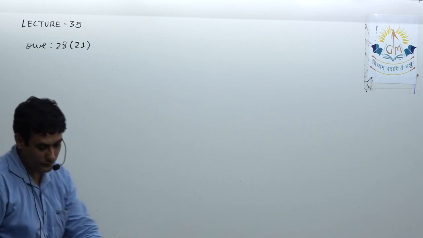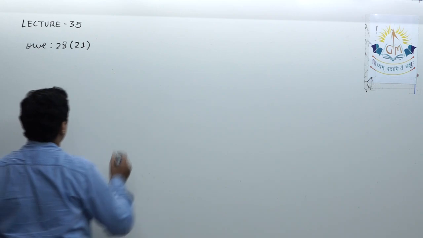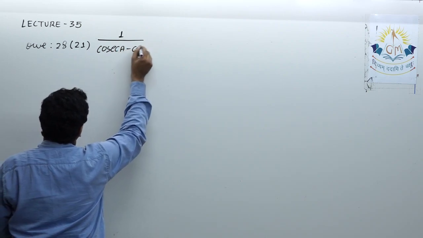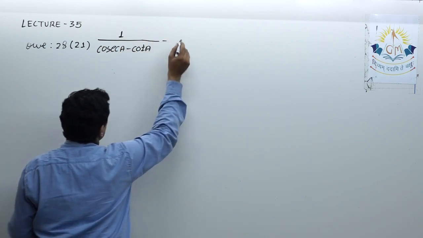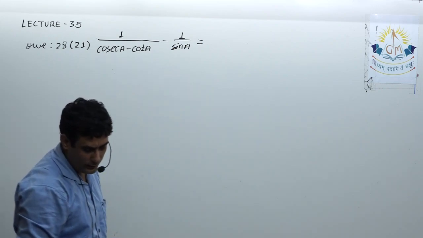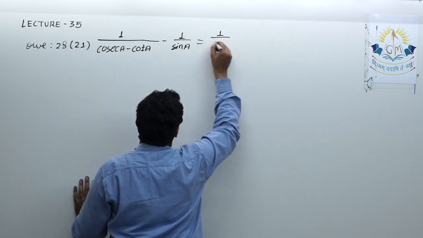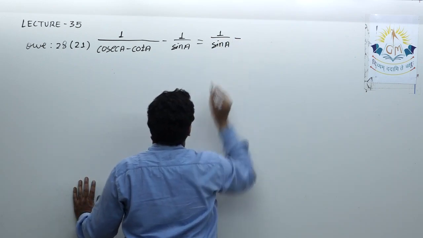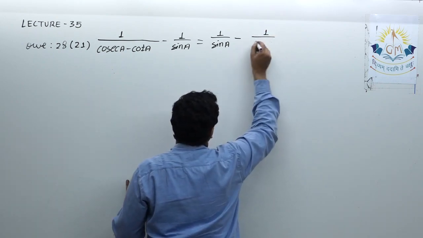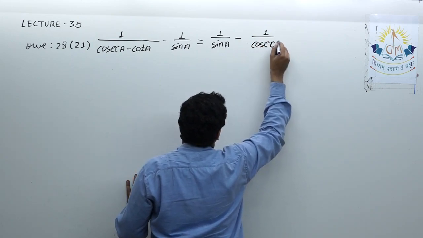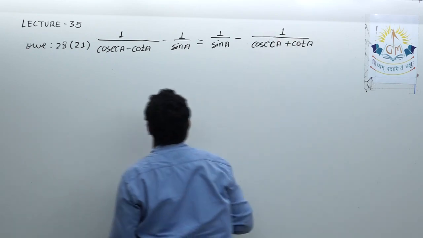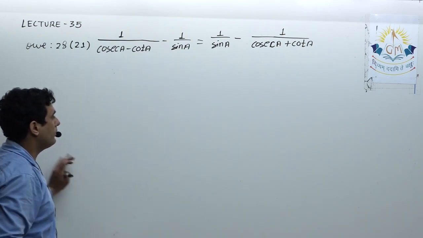See, question number 21. It's on cosec A minus cot A: 1 upon cosec A minus cot A, minus 1 upon sin A, is equal to 1 upon sin A minus 1 upon cosec A plus cot A. Okay, there are more than two ways, 2 to 3 ways to solve this question.